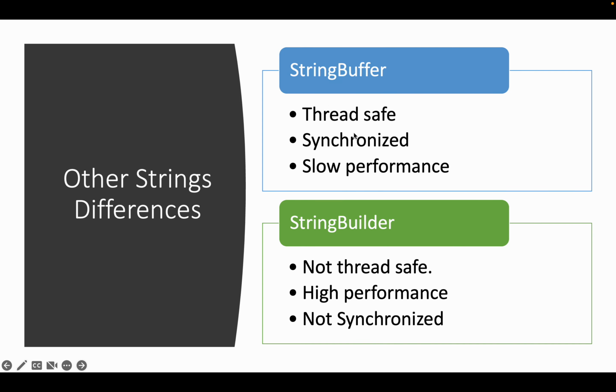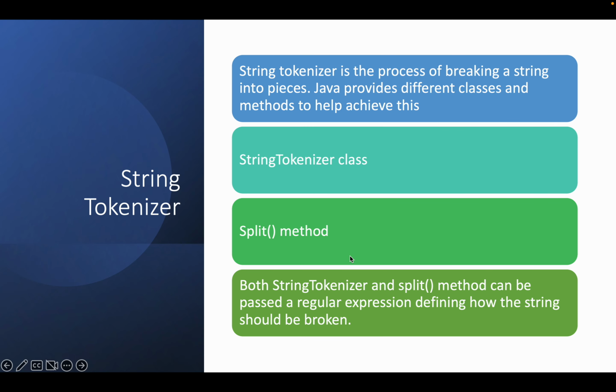When you don't really care about performance, but you care about the consistency of the state of your string, you will go for StringBuffer because you will have thread safety. If you don't really care about thread safety and you want speed, you can go for StringBuilder. Then there's another thing in strings called string tokenization.